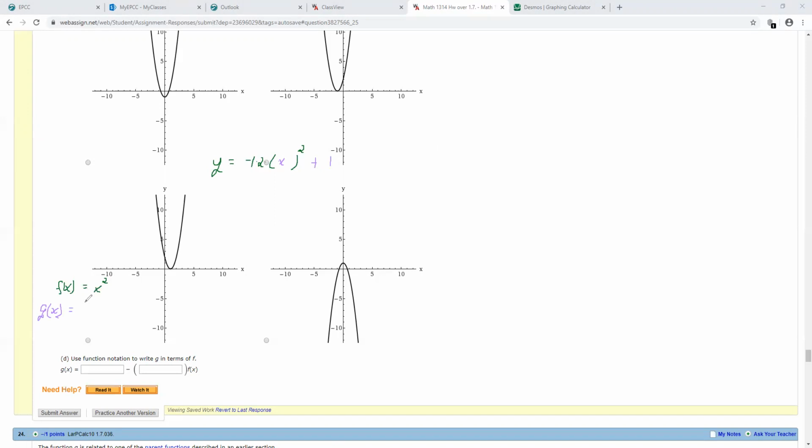We take the original function, f of x, which was the squaring function. Did we do any changes inside, Megan, inside the function or only outside the function? Only outside. So this will stay f of x. And then what did we do? What are we supposed to do first? The subtraction of 3, the vertical shift, or whatever the number was, or the multiplication?